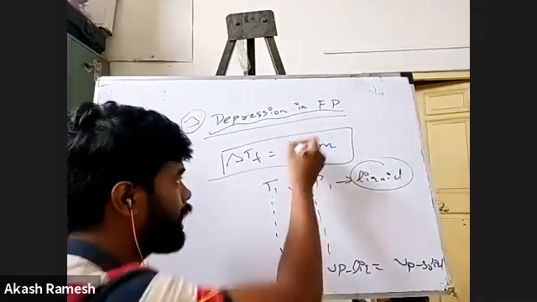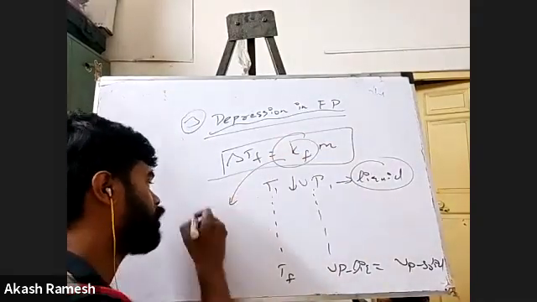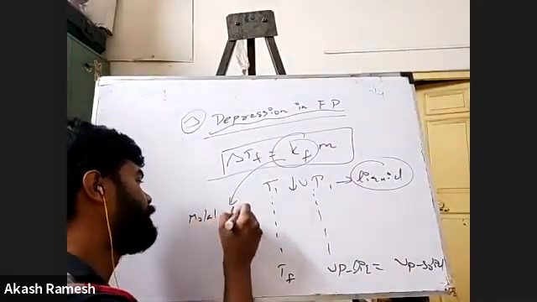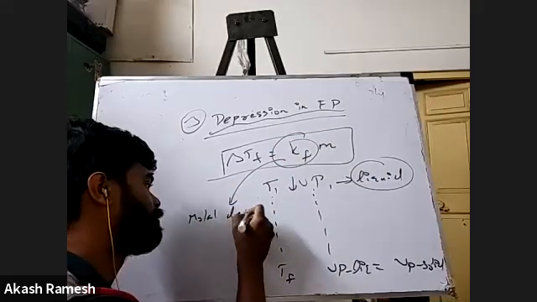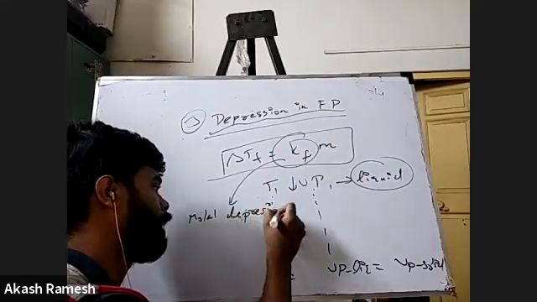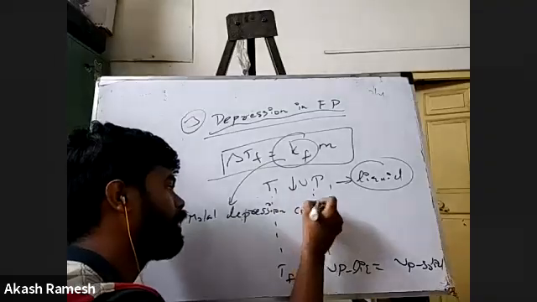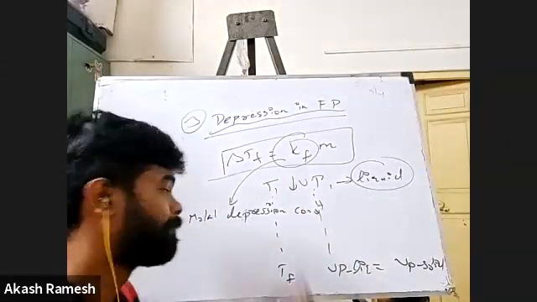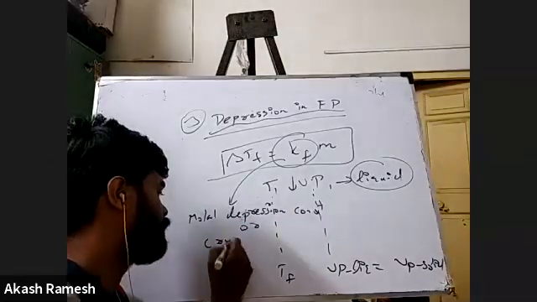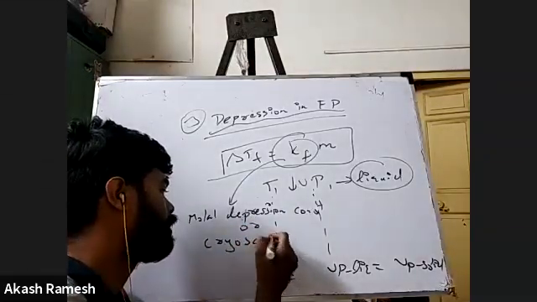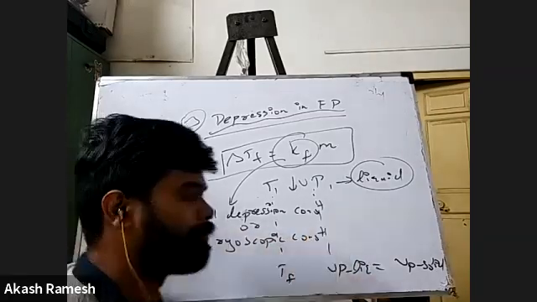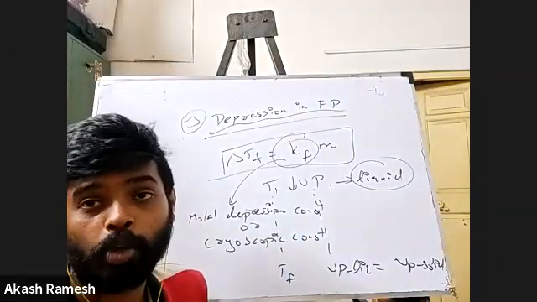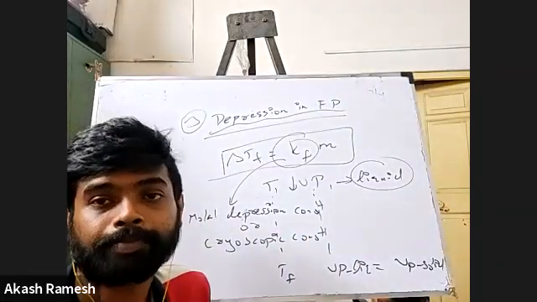And this Kf again is a constant. It's called the molal depression constant. Just like you have the molal elevation constant, we are going to have the molal depression constant, which is also called the cryoscopic constant.